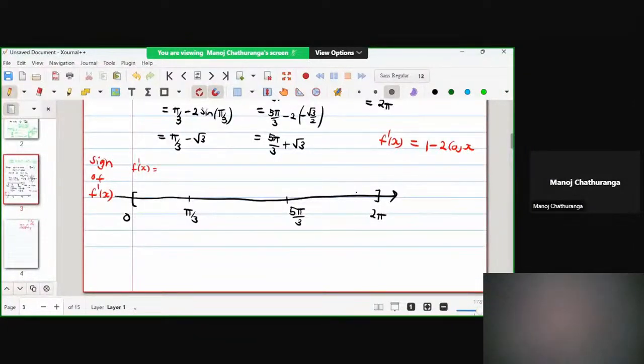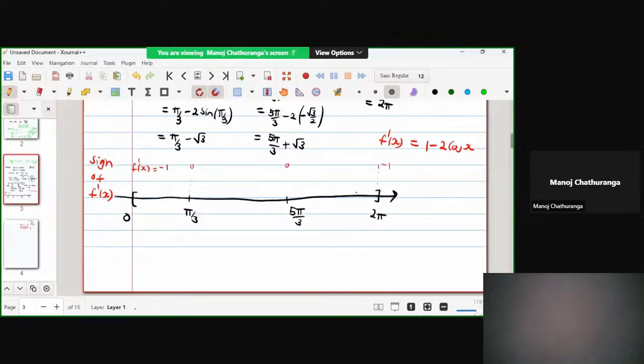So derivative is 1 minus 2, which is negative 1. At pi by 2, cosine theta is 0. Sorry, derivative is 0. At 2 pi, again derivative is negative 1.